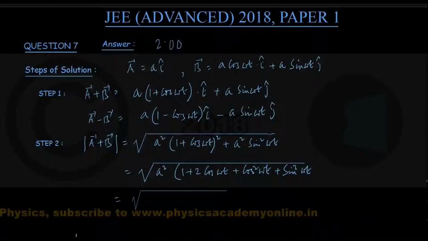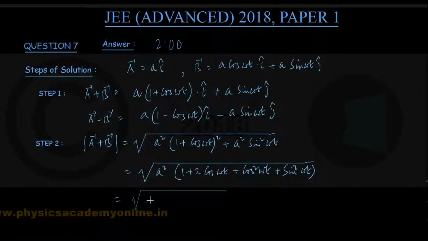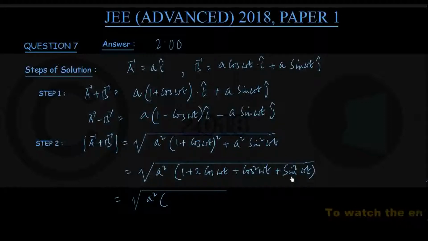Note that we start from here, that is A square, and then inside the brackets it's 1 plus 2 cos omega t, but then cos square omega t plus sine square omega t is 1. This is coming out to be 2 plus 2 cos omega t in brackets.